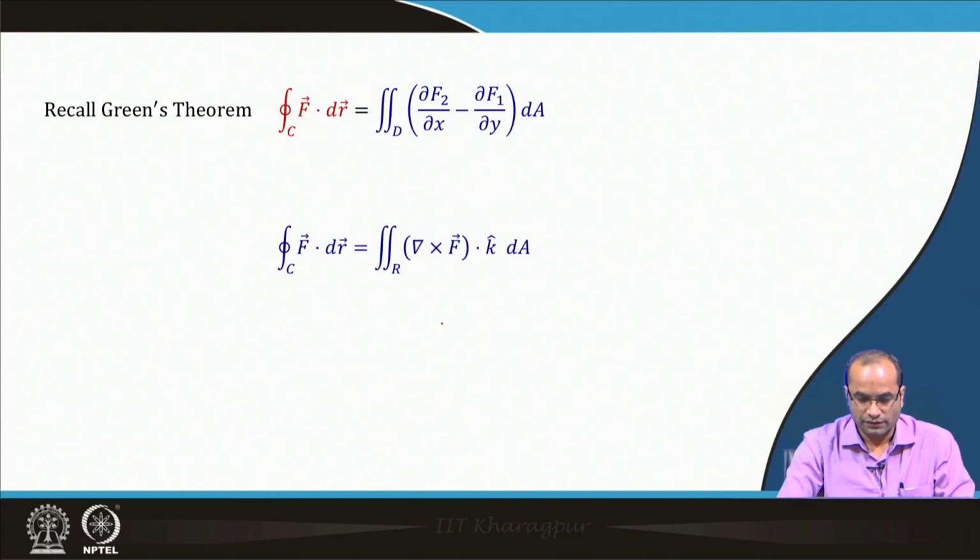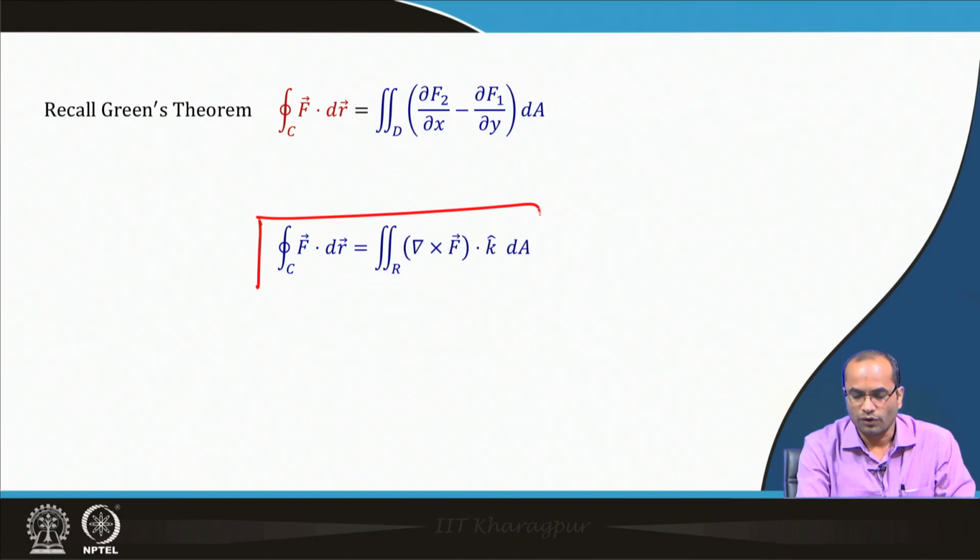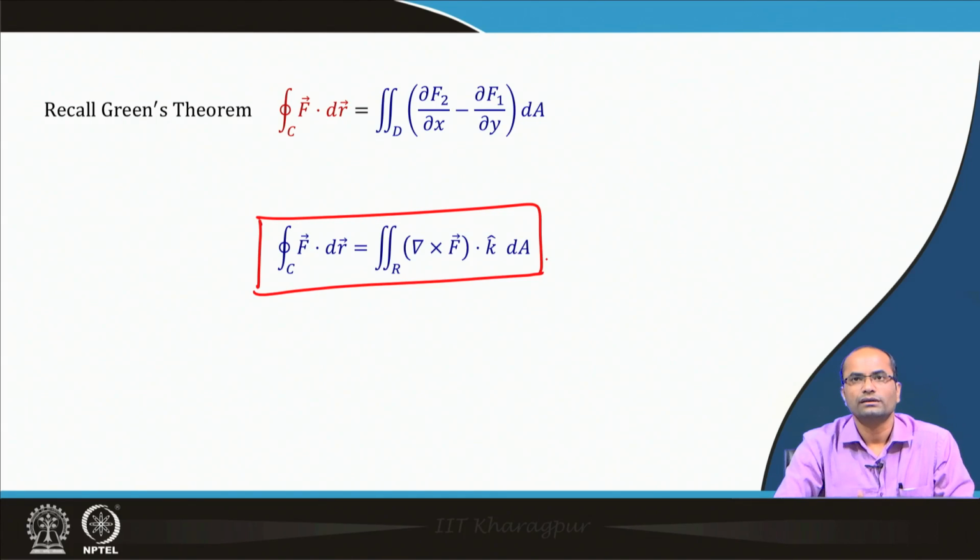With this form of Green's theorem, we were able to extend it to 3 dimensions, where the curve can be in 3-dimensional space, and the region R in the plane becomes a surface.